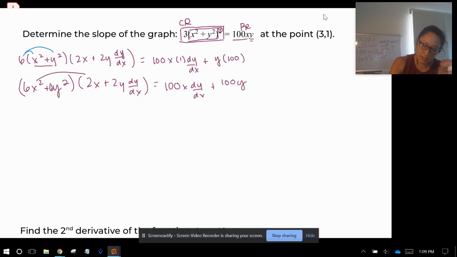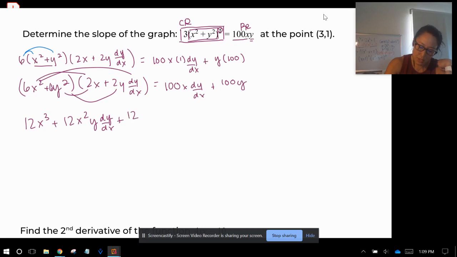Then I'm going to distribute again, giving me 12x cubed plus 12x squared y dy/dx plus 12xy squared.